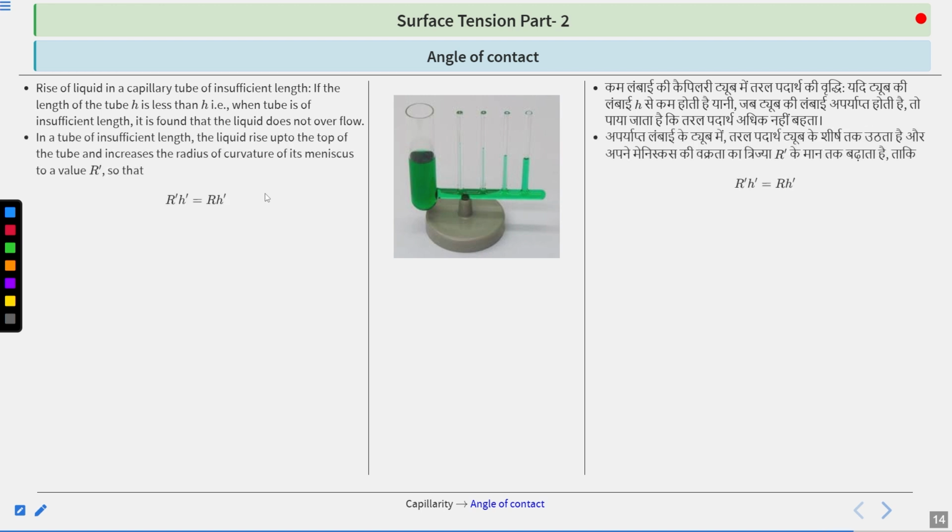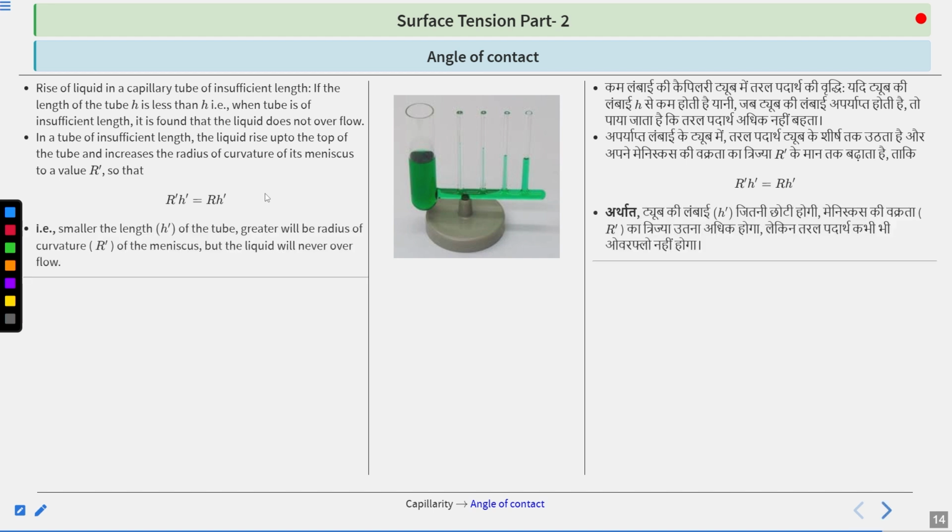In a tube of insufficient length, the liquid rises up to the top of the tube and increases the radius of curvature of its meniscus to a value r', so that r' h' = r h. Therefore, the smaller the length h' of the tube, the greater will be the radius of curvature r' of the meniscus, but the liquid will never overflow.